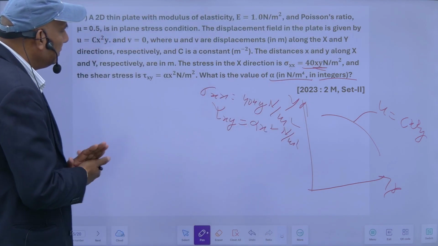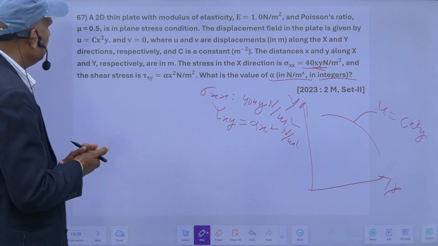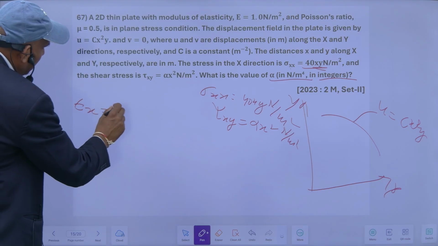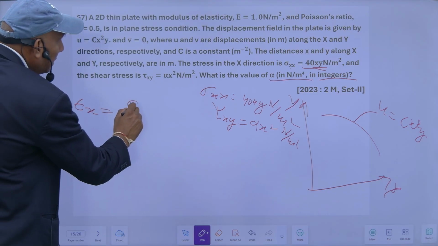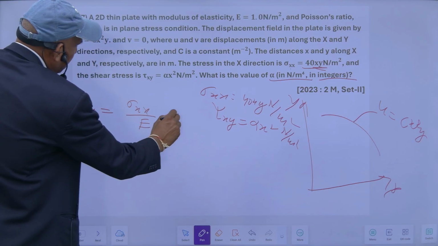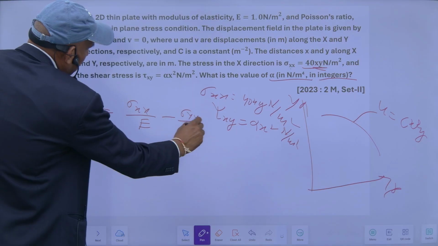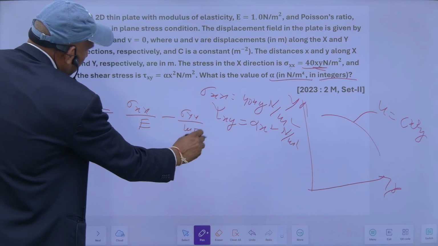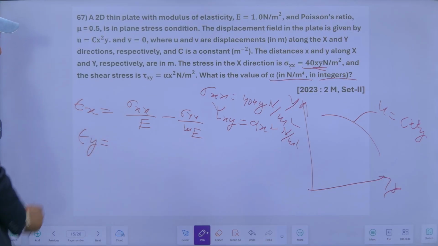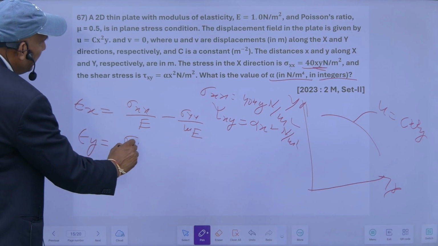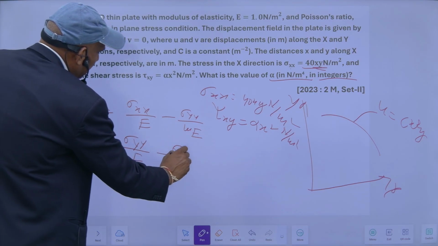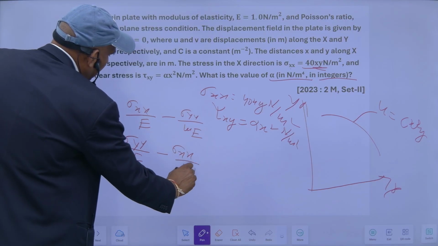first of all, what is the formula of strain in the x direction? Epsilon x is sigma xx upon E minus mu sigma yy upon E, and strain in the y direction, epsilon y, will be sigma yy upon E minus mu sigma xx upon E. This is the formula.